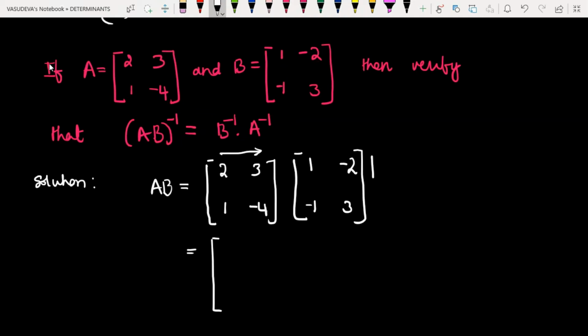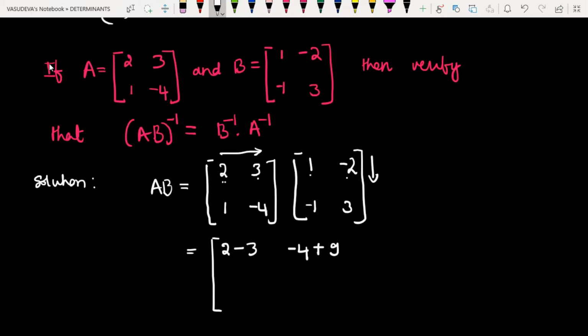First row and first column: 2 into 1, 2, plus 3 into minus 1, minus 3, and 2 into minus 2, minus 4, and 3 into 3, plus 9.